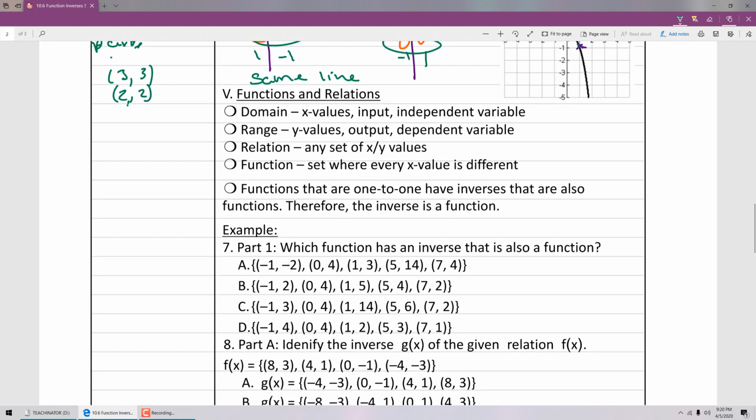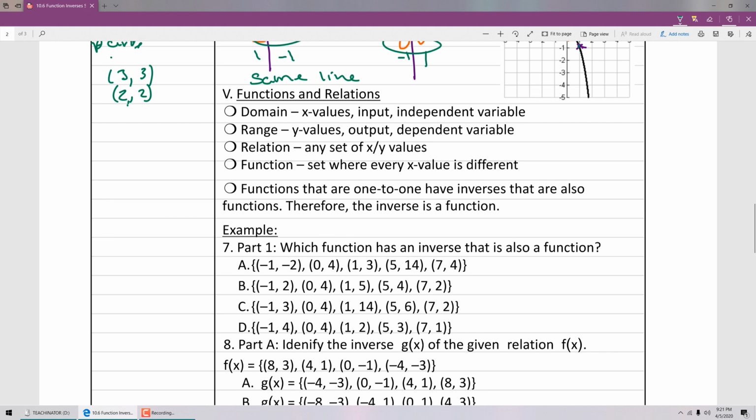Okay, so functions and relations. So we've already learned functions and relations as well. So the domain are the x values, the independent variables, the range are the y values, the output, the dependent variables. Relations are all sets of x and y's, and functions are where the x values are different.